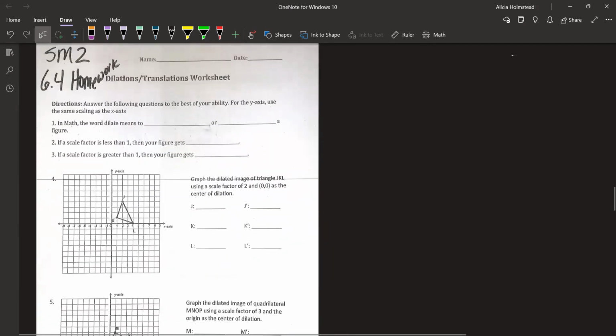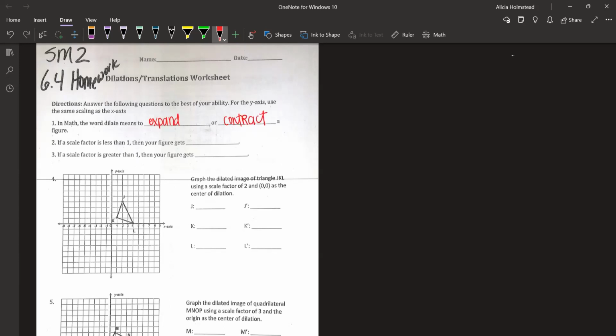Okay, so looking at our homework, we're going to do 1, 2, and 3 together. So question number 1 says, in math, the word dilate means to expand or contract.